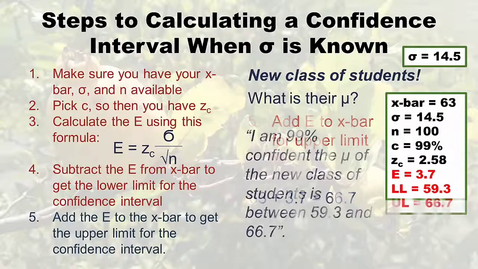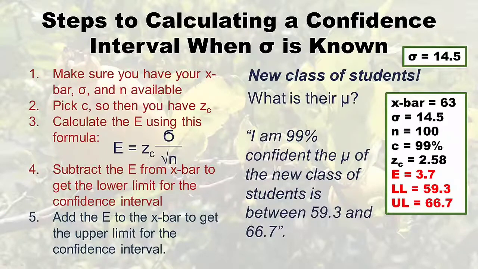And then what do you say? You say I am 99% confident the mu of the new class of students is between 59.3, which is the lower limit, and 66.7, which is the upper limit. And if we just think logically about that, that's about like 59 to 66.